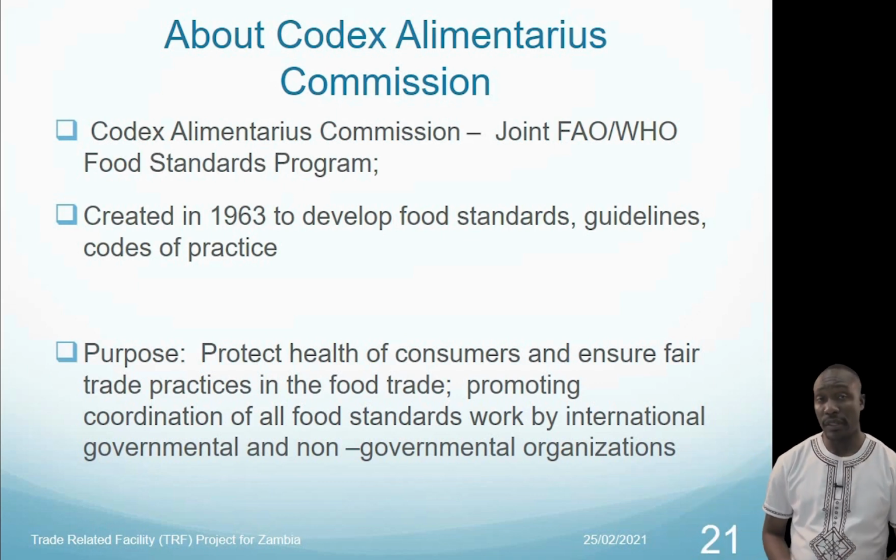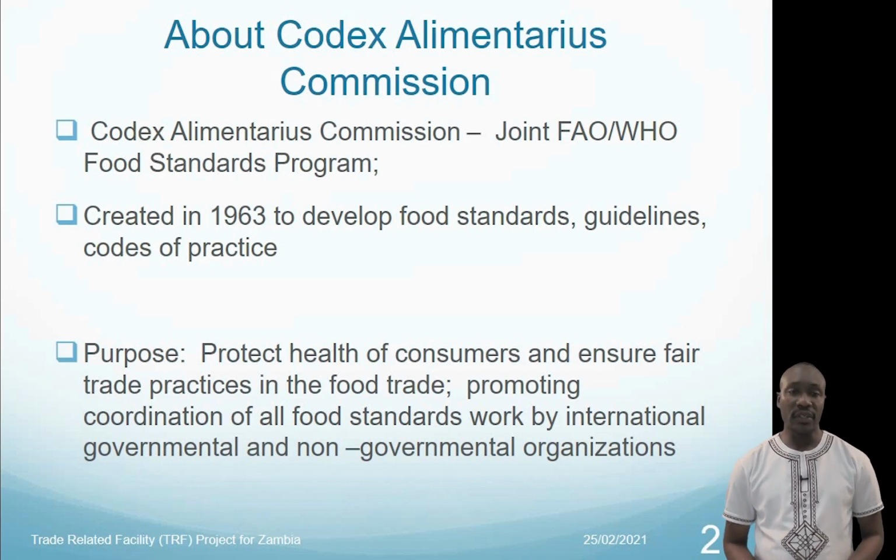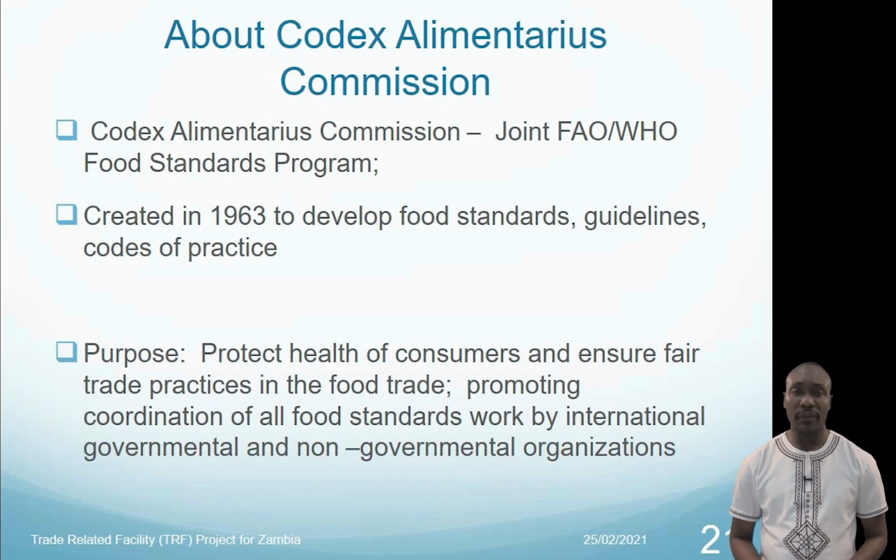The purpose of the Codex Alimentarius Commission is to protect the health of consumers and ensure fair trade practices in the food trade, and to promote coordination of all food standards by these international governmental and non-governmental organizations.